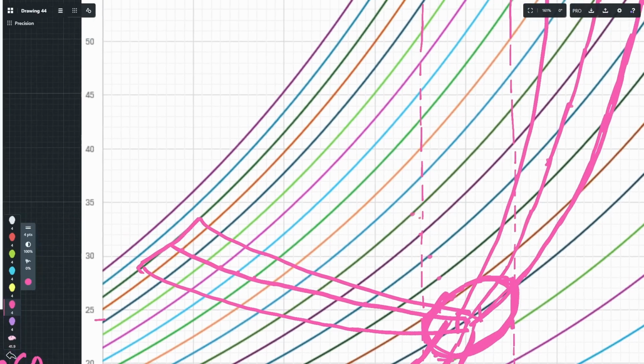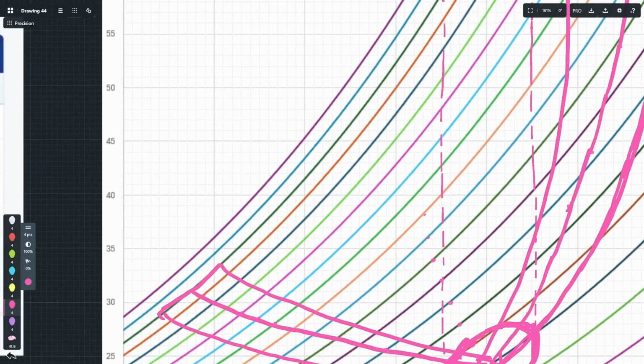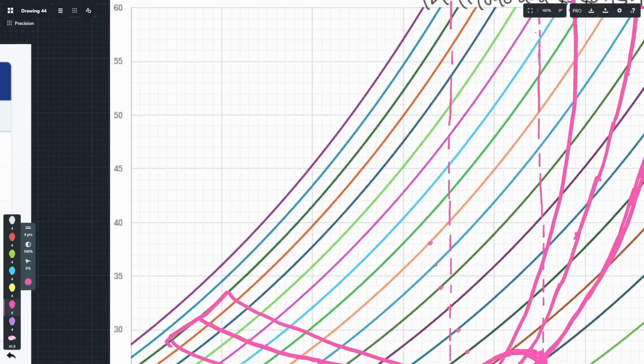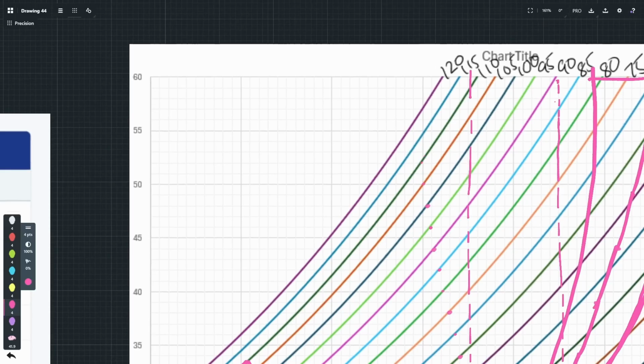And 2 unit. Okay, 2 unit would be here, then here, and I think that was all. Let's write it here.